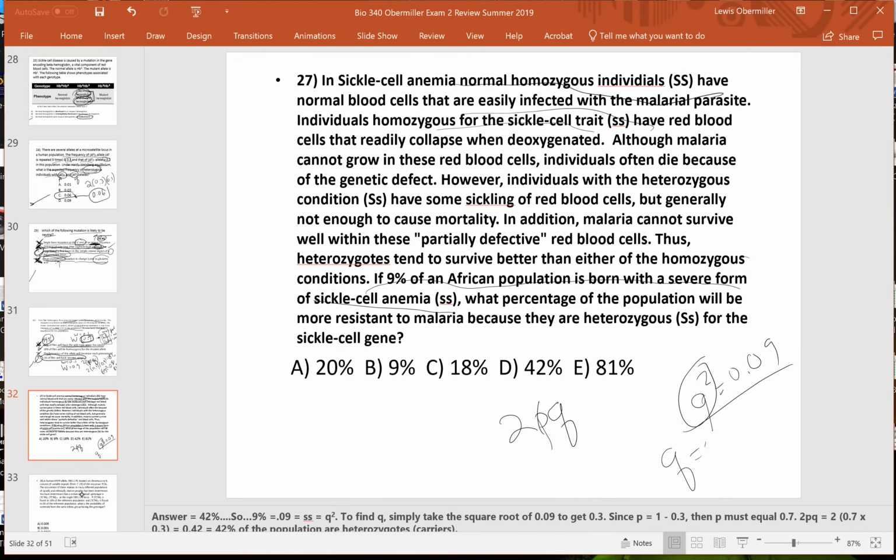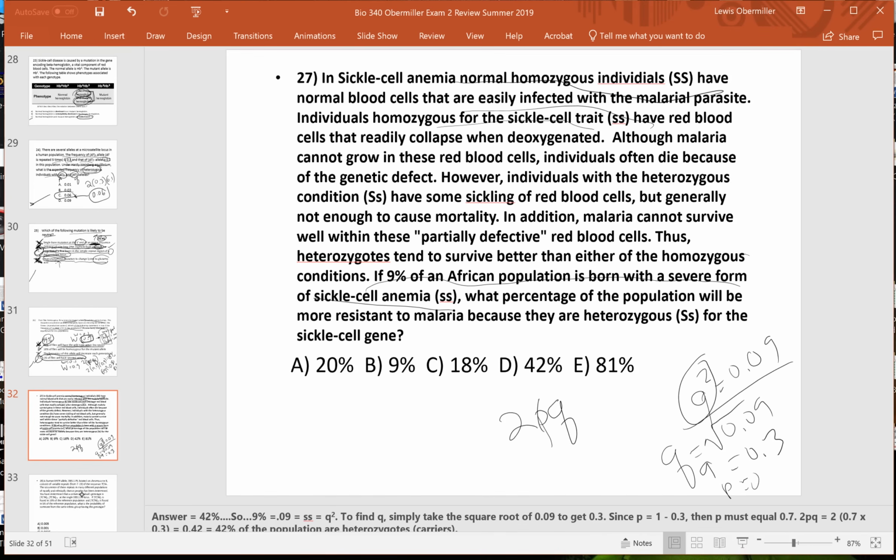Q is the square root of 0.09, which is 0.3. And so if Q is 0.3, then P is 0.7.